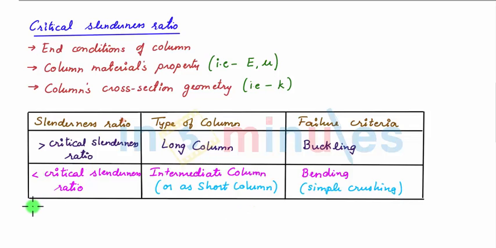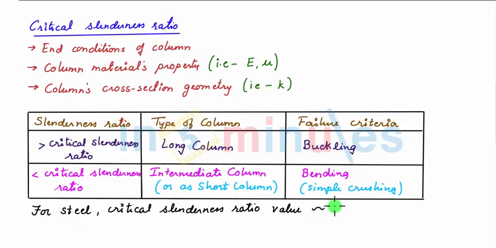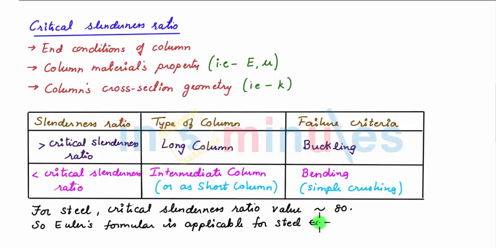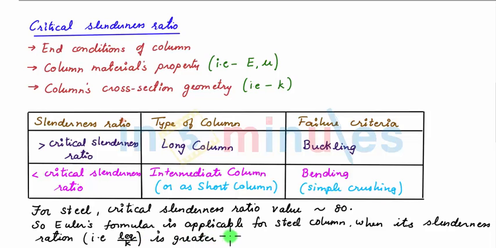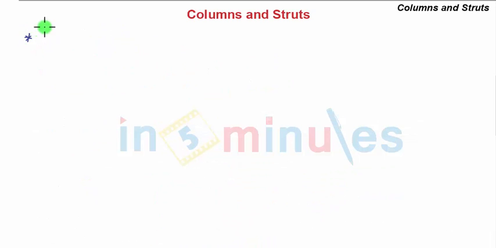Now the critical slenderness ratio for steel is approximately 80. So Euler's formula is applicable for a steel column when its slenderness ratio, that is L equivalent by K, is greater than 80.